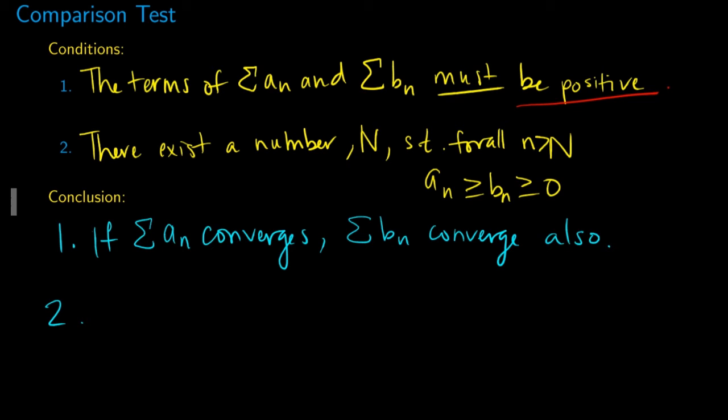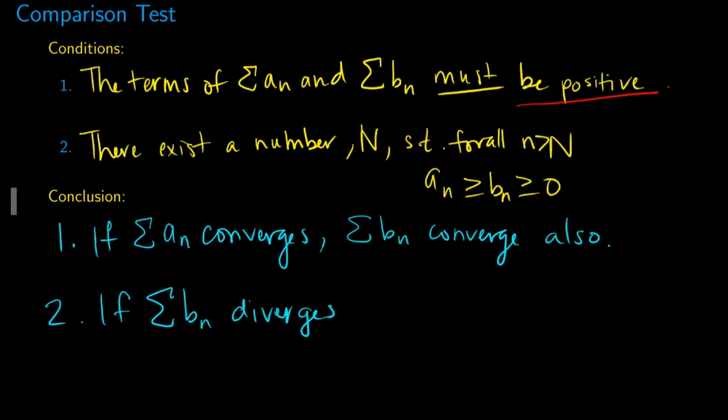And second, if the sum of B sub n diverges, so that's the smaller, in a sense, end behavior, it forces the sum of A sub n to also diverge.